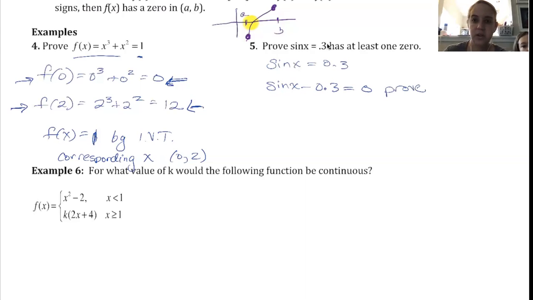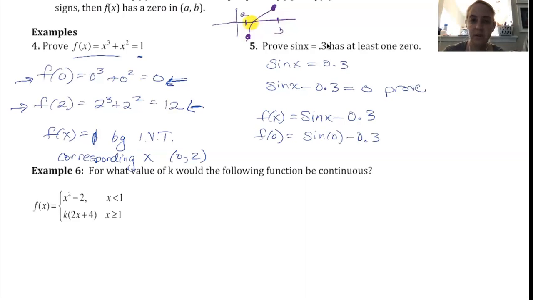So again, we're going to try some values. I am going to say that f of x is the sine of x minus 0.3. Again, you could graph this in your calculator, but if we do this without graphing, I want to find f of 0. So this is sine of 0 minus 0.3.